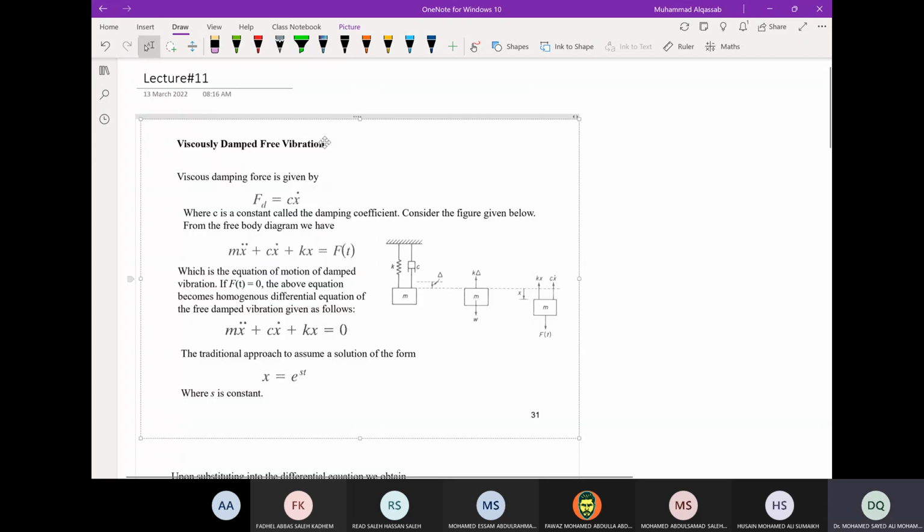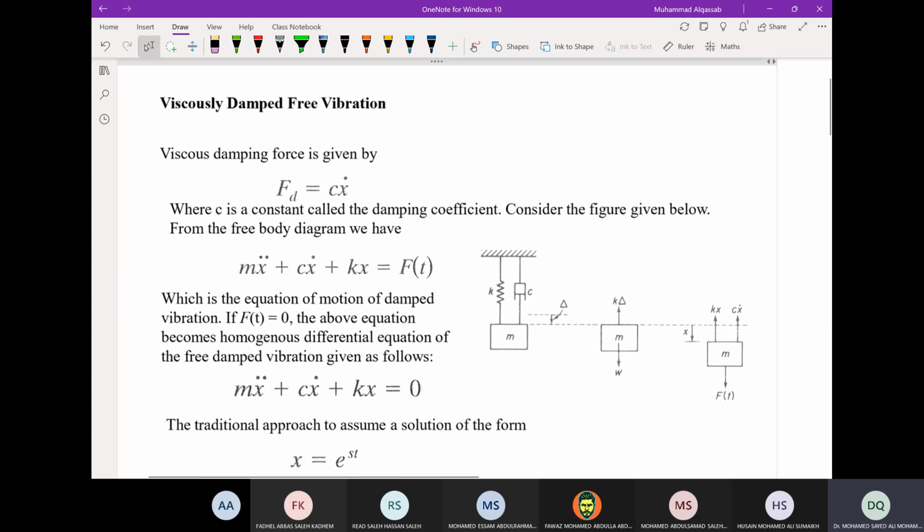This is about the viscously damped system, in which there is damping. We call this type of damping viscous, and we talked about viscous damping in chapter 1 as an introduction: the force is directly proportional to the velocity in the viscous damper.